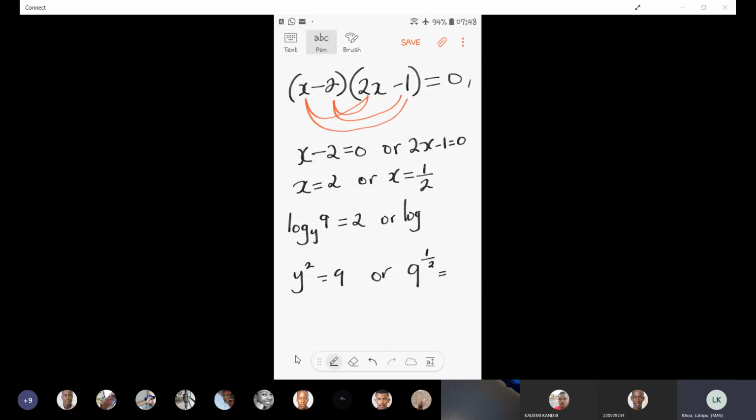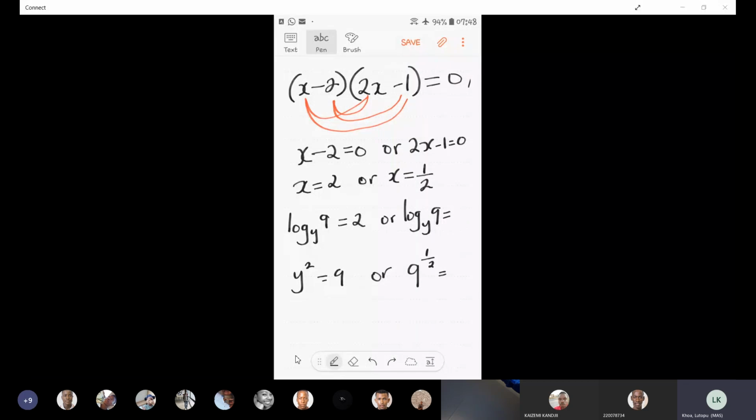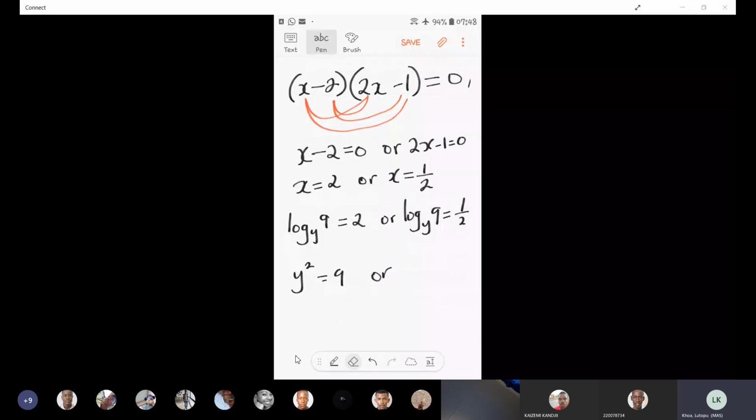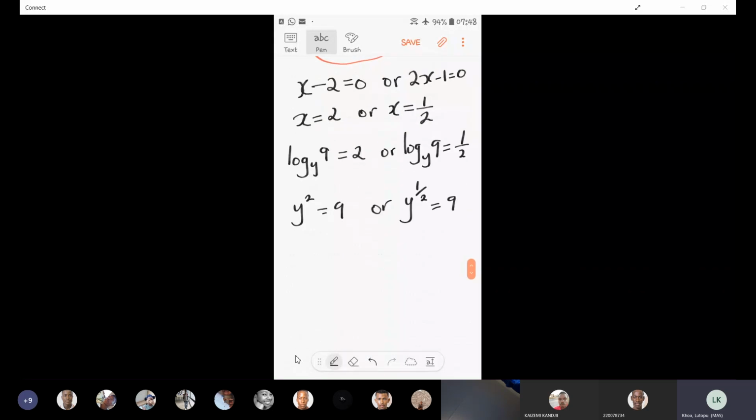This is log base y of 9 is equal to a half. Okay, now it's fine. And then this one is y to the power of half is equal to 9. So it can be a little bit tricky, but the more you practice, the better you get at it.